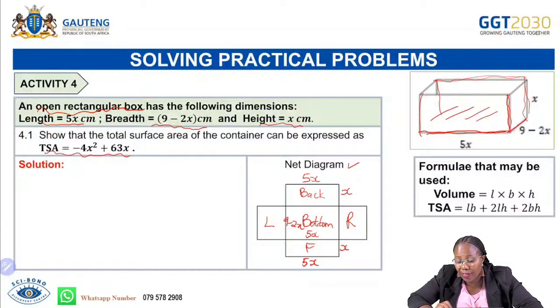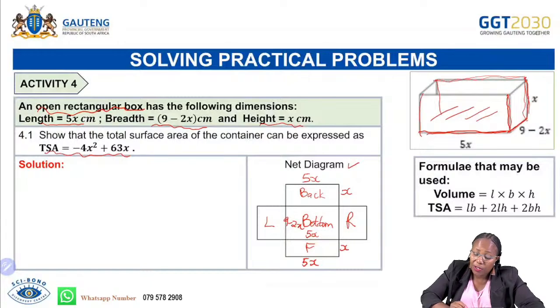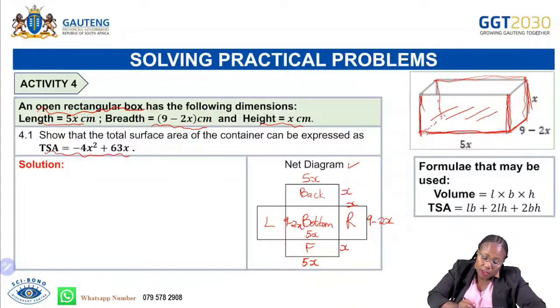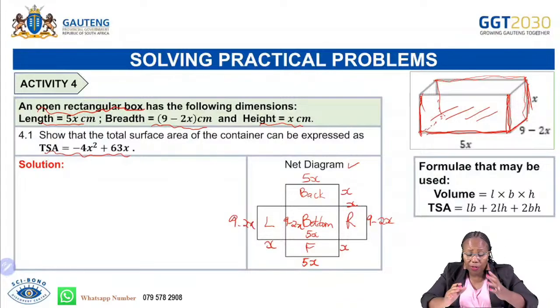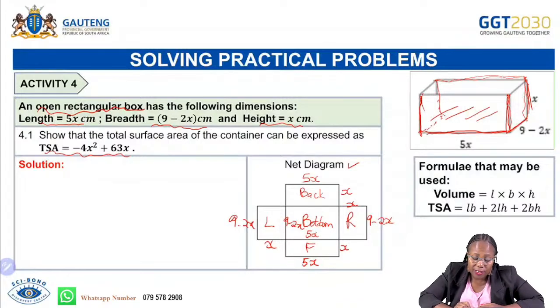If you look at the right hand side, it's 9 minus 2x times x. The same applies with the left hand side one. Remember, this is 9 minus 2x multiplied by the x side, which is the same as that one. So we have tried, grade 12, to put all the readings on the diagram.